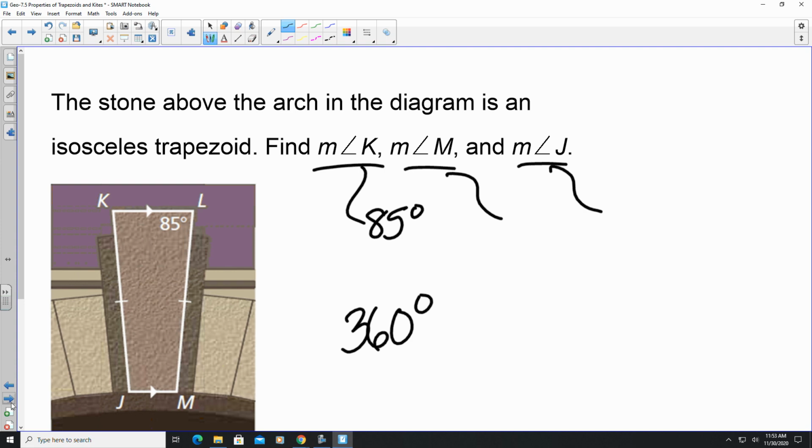So we could simply take 360, subtract 85, subtract 85, which gets us 190. We divide 190 by 2 because we have two more angles, which gets us 95 degrees for both angle M and angle J.